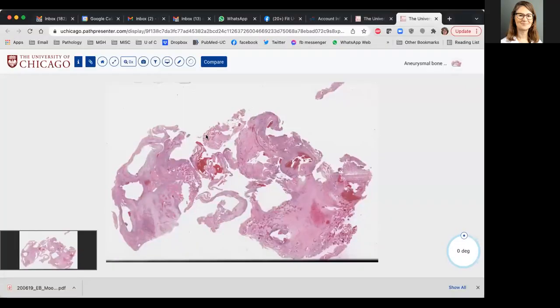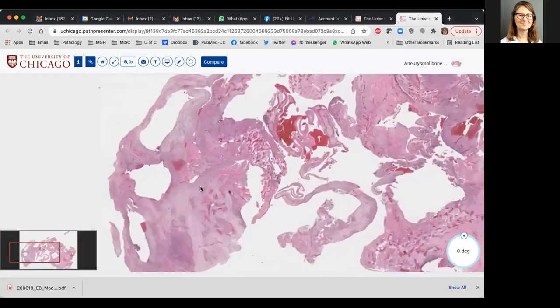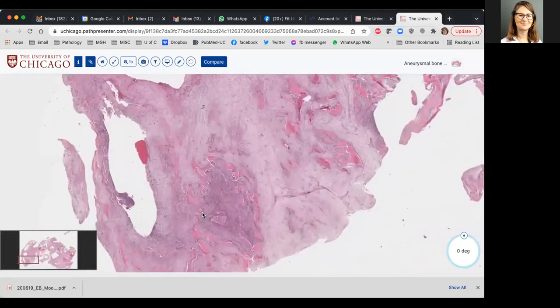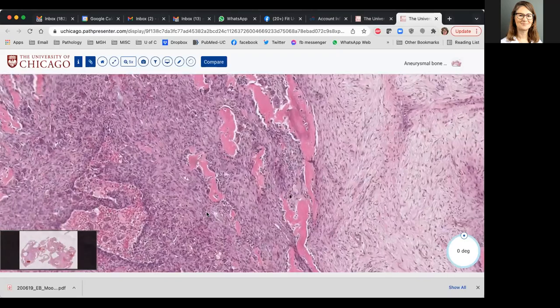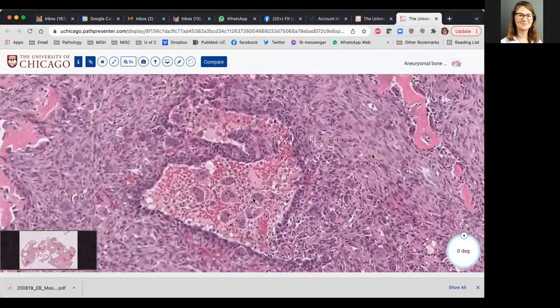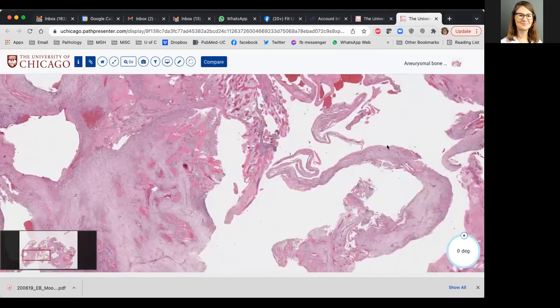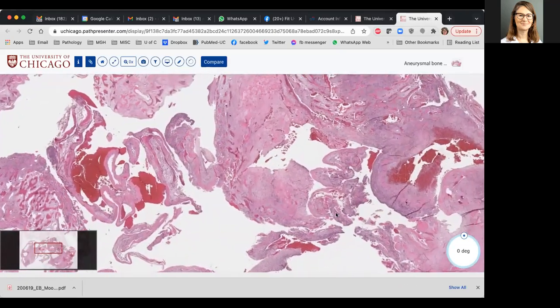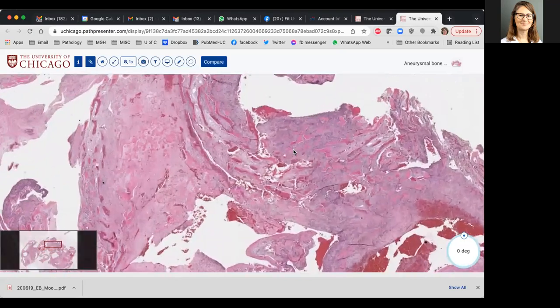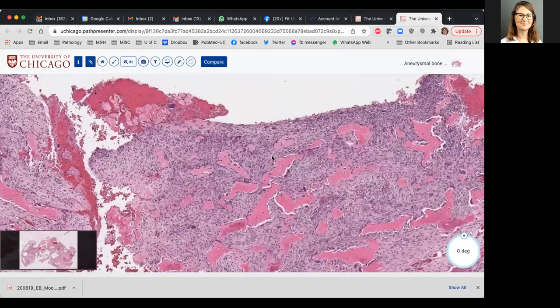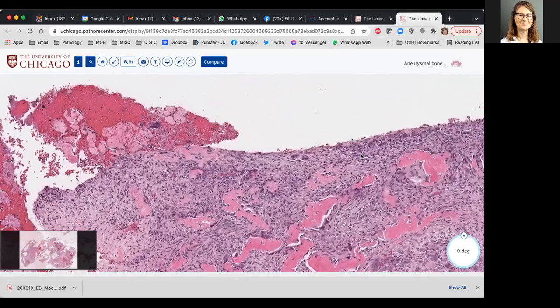For example, I just went in the public slide library and searched for aneurysmal bone cyst and came up with some examples. The thing with the public slide library is people put these images up without anyone vetting them, without control. So sometimes they may be diagnoses that we don't necessarily agree with.